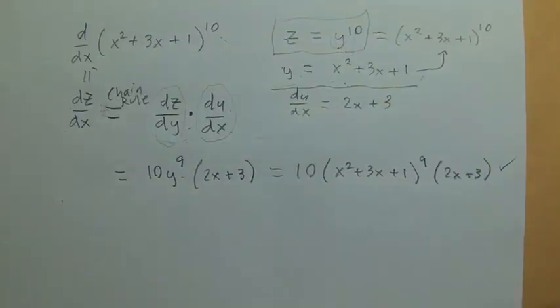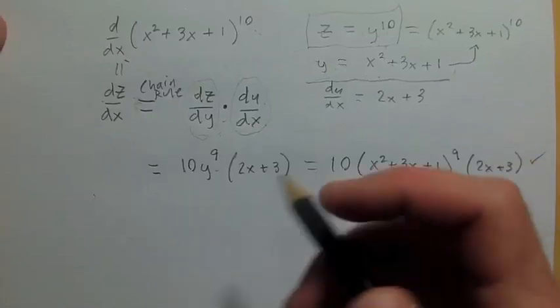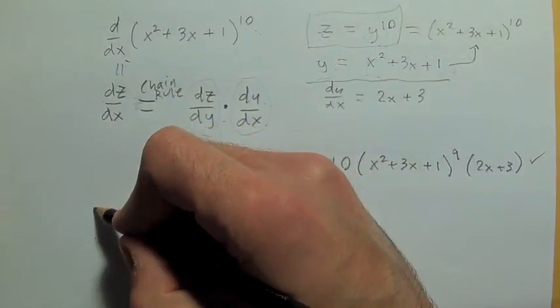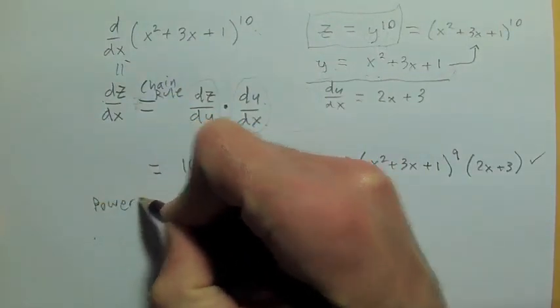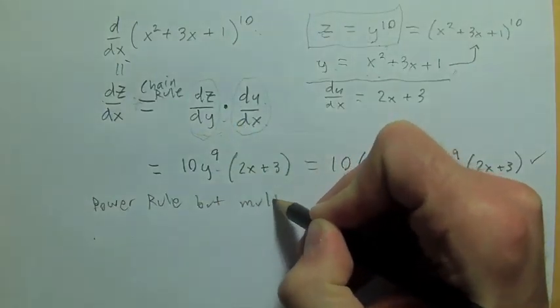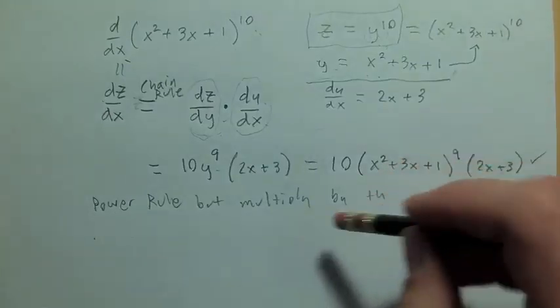That's the derivative. But the problem here is that using this is kind of long-winded, right? It's kind of complicated. It doesn't really make much sense. Hopefully it does, but we don't want to do this every time. What you can realize instead is that we'll just use the power rule, but multiply by the derivative of the inside.